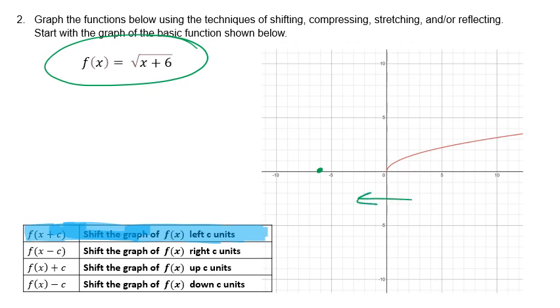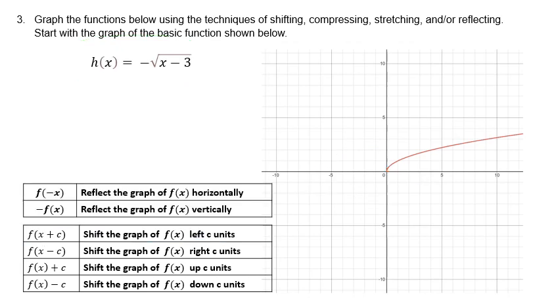So now that point started at 0, 0, and now we're at -6 on the x, 0 on the y, and we draw an exact copy of the graph, just moved to the left. Okay, so that's it for number 2. Let's keep going, explore some of the other types of transformations.